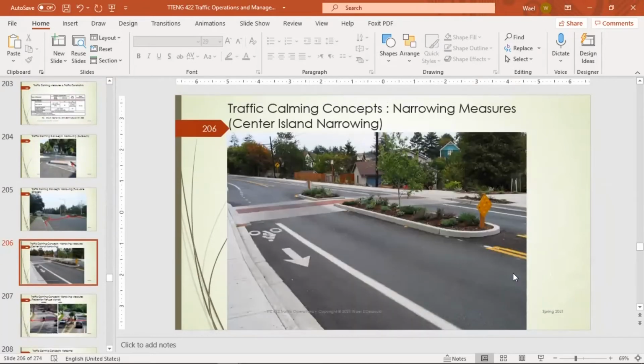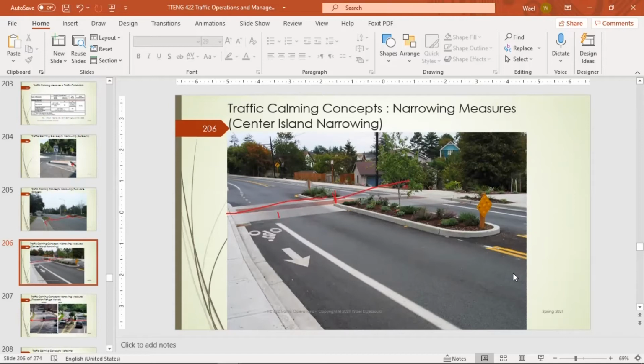And narrowing measures, okay, with a central island. This is good for pedestrians, as I mentioned, to go and cross, stop here, then they continue. And actually, I think this is a raised pedestrian crossing.